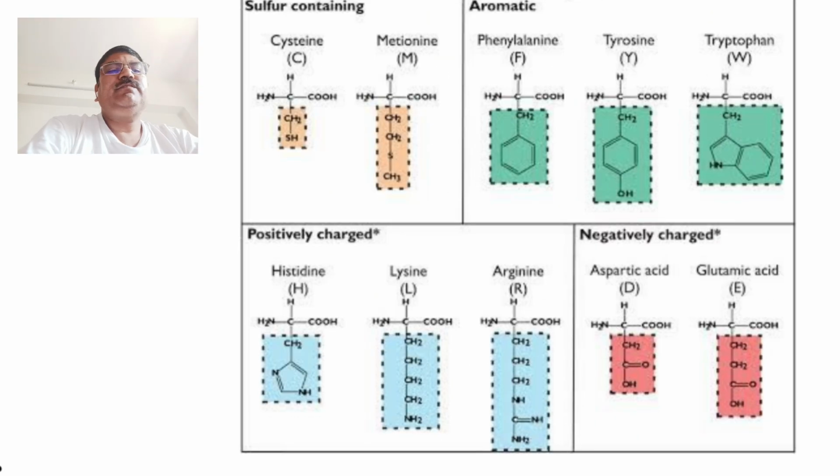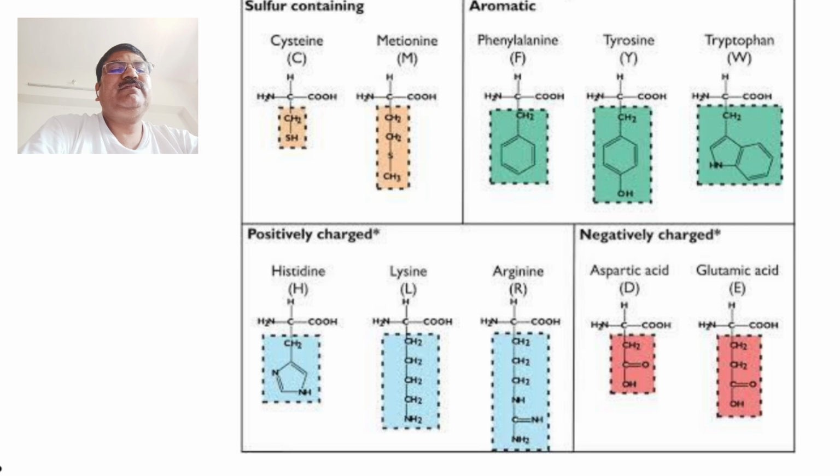Now, in case of polar alpha amino acids, there is a further subclass, that is R groups with positive charge. Histidine contains a positively charged R group, where two nitrogen atoms are present.